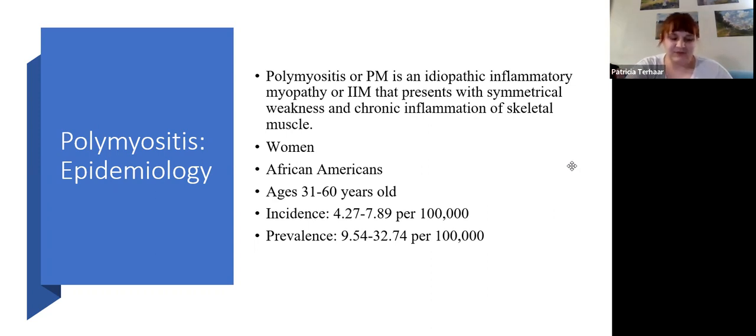It can be confused with connective tissue disease or muscular dystrophy, osteomalacia, toxic or endocrine myopathies. It is actually an extremely rare disease, and along with the rarity of this disease, there is an increased amount of medical costs per year, around $15,000.